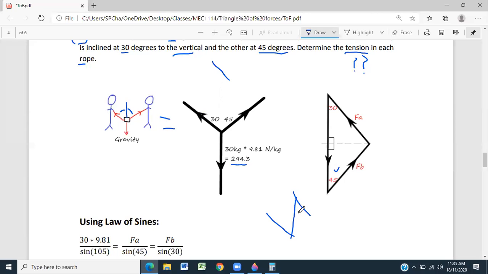We can somehow deduce that this 30 here is the same as this 30 here, right? So here and here, and the same thing. That's the angle we have here, right? So 30, 45. 30 plus 45.